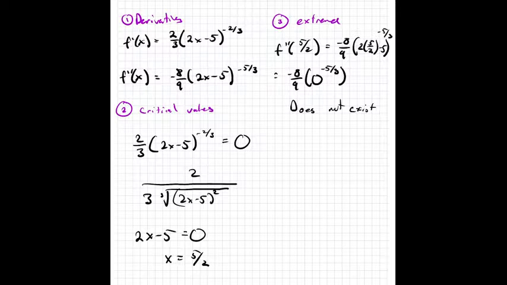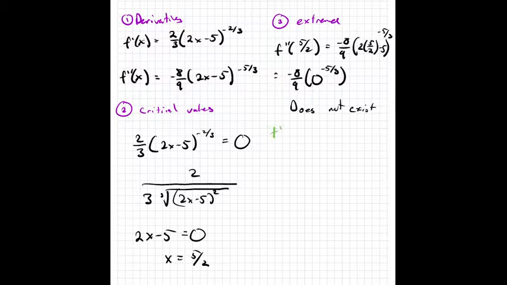Let's look on either side of this 5/2 and look at the first derivative, right? So for instance, 5/2 is what? 2.5? So something to the left of 5/2, let's do when x is 1. So I'm going to do this in this color. Let's look at f prime of 1.